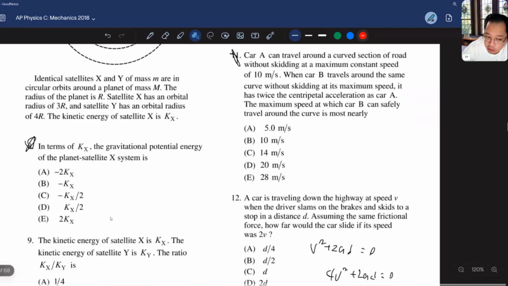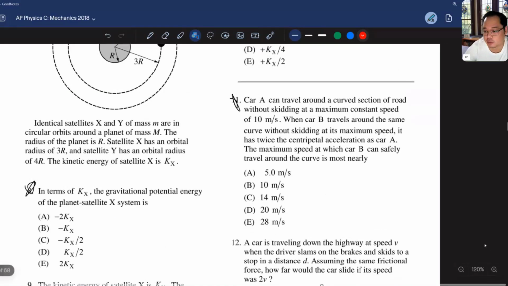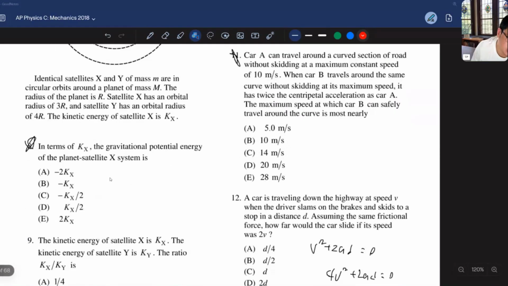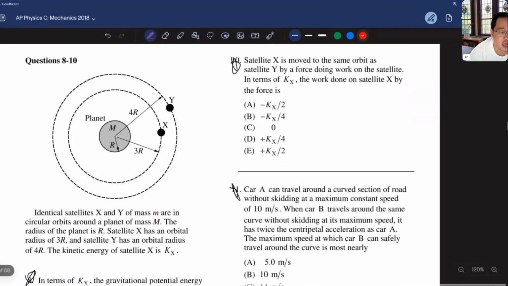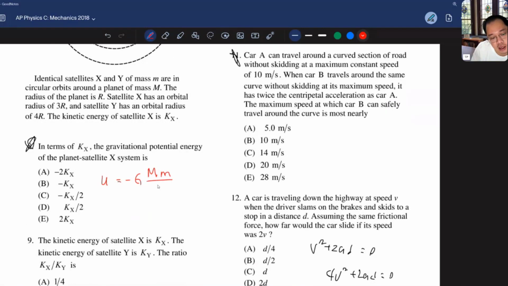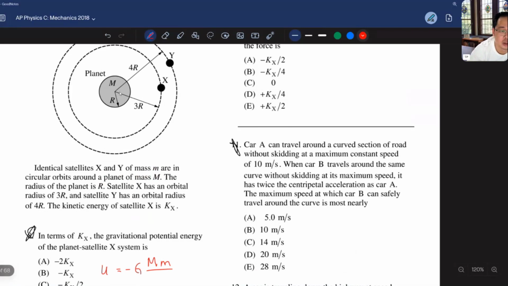You just need to use the formula for gravitational potential energy. Let me find that in the beginning of the test. The formula, as I remember, potential energy U is minus G times the mass of the center planet, big M, and then divided by the distance between the satellite and the center of the planet, which is 3r.